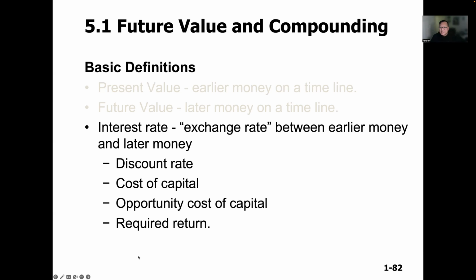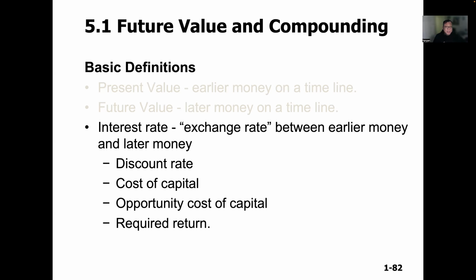Required return: as a business, I probably set myself a goal that every year I want to achieve a 10% return. That would also be something I can use in this calculation to bridge the present value and the future value.